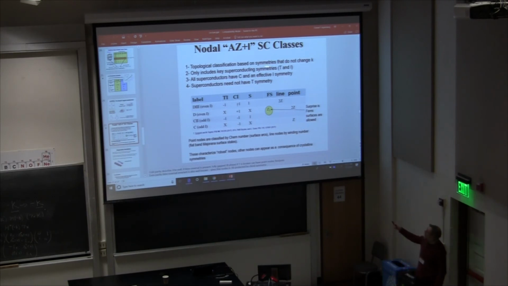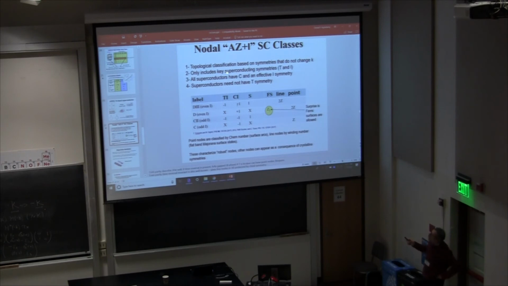And so there is an effective inversion symmetry buried in the theory. This limits the number of possible classes we have. I should mention the superconductor can break time reversal symmetry itself, even though the normal state has time reversal symmetry. So this was the example where I showed you kz, kx plus i ky. That's the superconductor breaking time reversal, but the normal state maintains it. So only below Tc do we have broken time reversal symmetry.